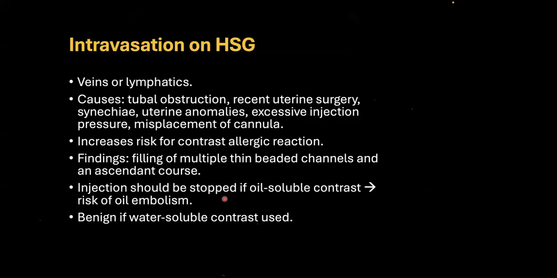Because there is a propensity for contrast allergic reaction in this case. Most commonly it happens when the tubes are blocked. So rather than free flow of the contrast into the pelvic cavity, it is going somewhere else. It is extending through the lymphatics or the venous channels.